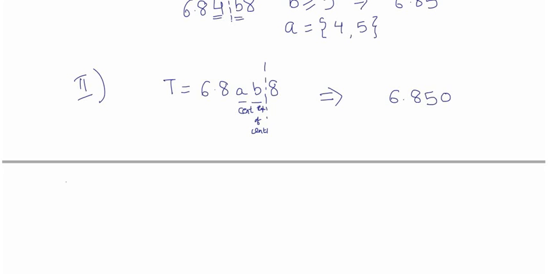Let us explore what are the possible values of A and B. Now these are the 3 digits. Let us look at the digit to the right of this wall that I have made.